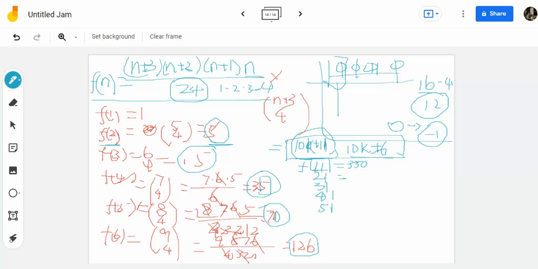And what about 21? 21 choose 3. You have a calculator.